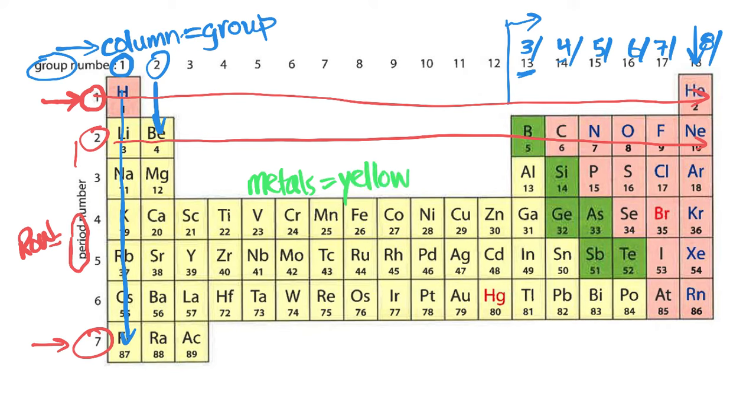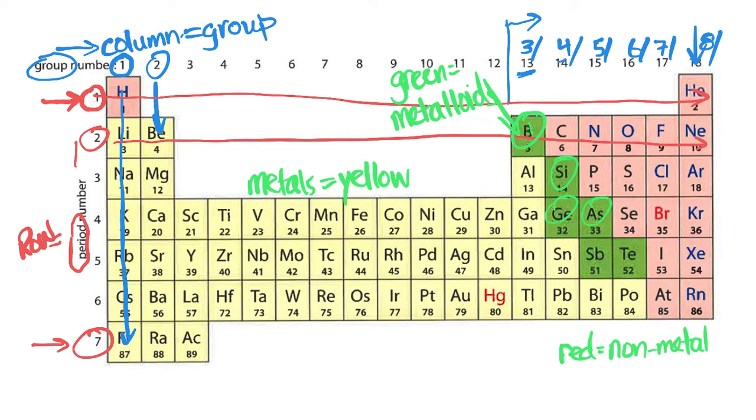And then we have this last group here that are in green. And all of the elements that are in green are called metalloids. Okay, so that includes boron, silicon, germanium, As, Sb, and Te.